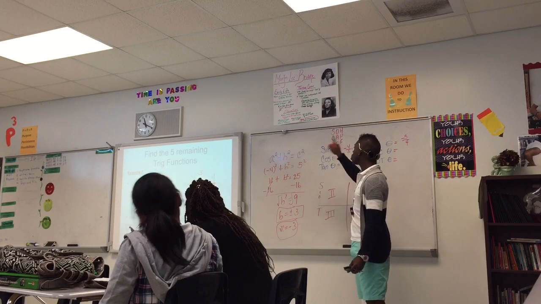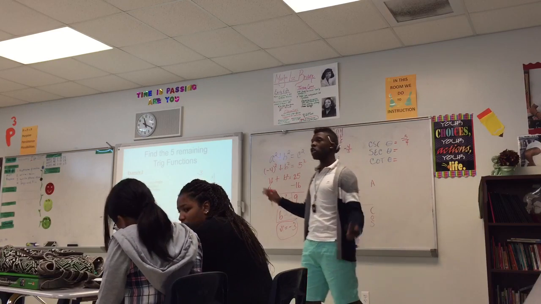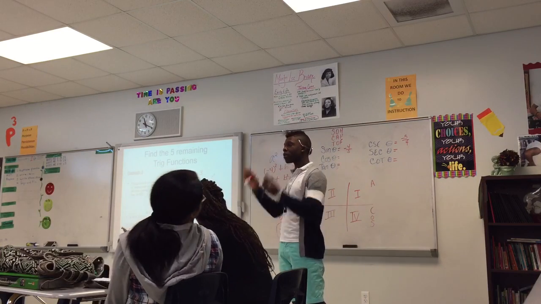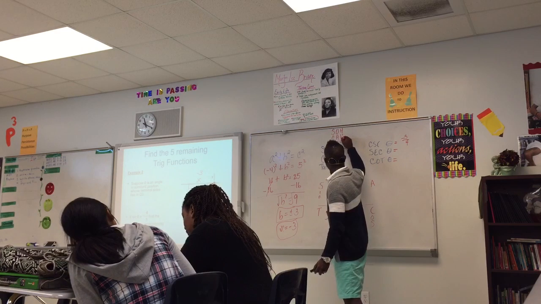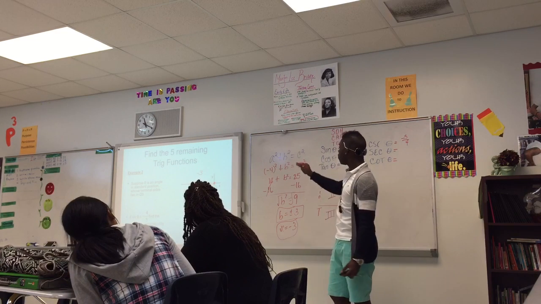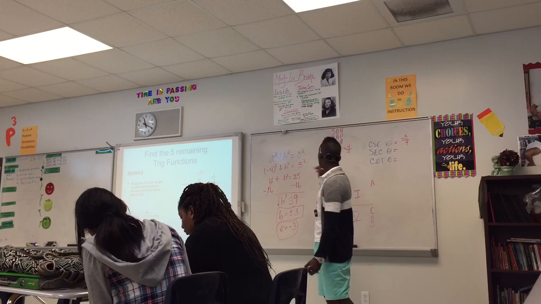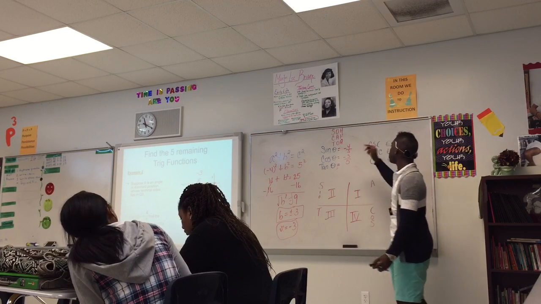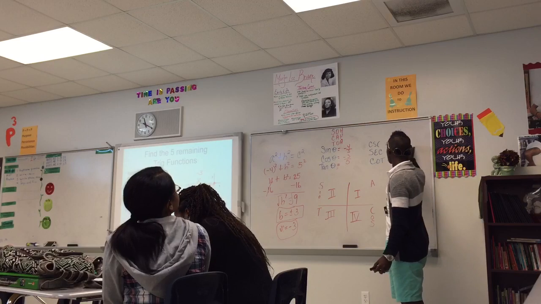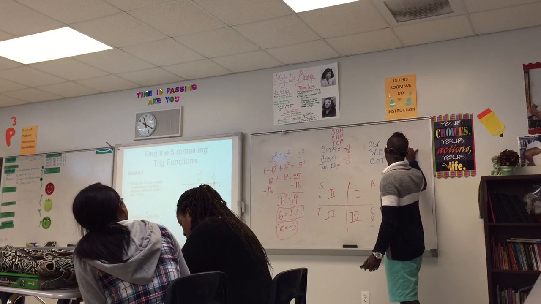So what is cosine of theta? Negative 3 over 5. Negative 3, because that's adjacent over hypotenuse. And what is secant of theta, the inverse of cosine? Negative 5 over 3.